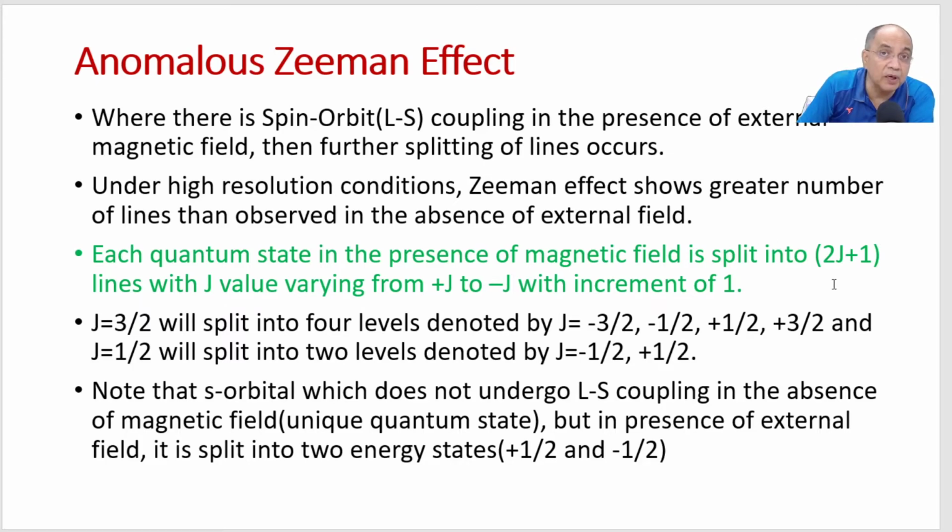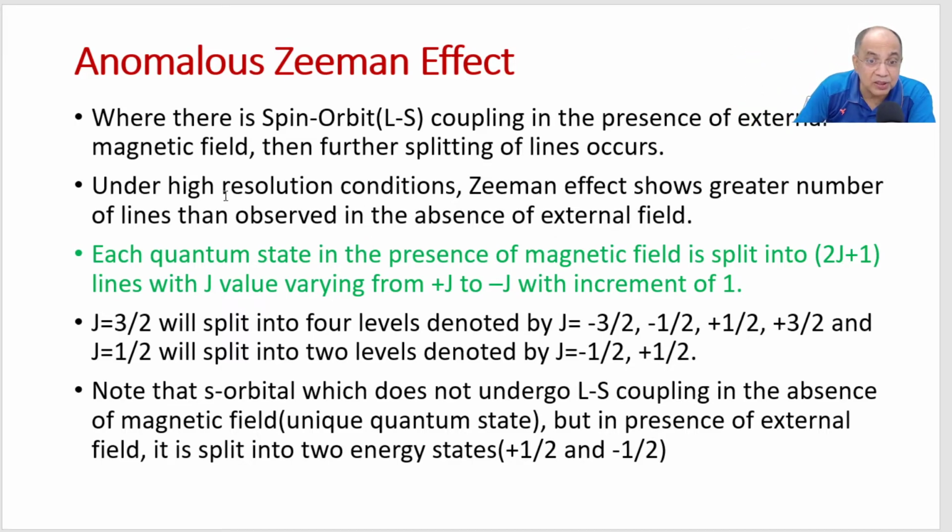In the presence of LS coupling, the number of non-degenerate quantum states in a particular J value in normal LS coupling will now be 2J plus 1, where the J value goes from plus J to minus J, or from minus J to plus J, with an increment of 1, going via 0.